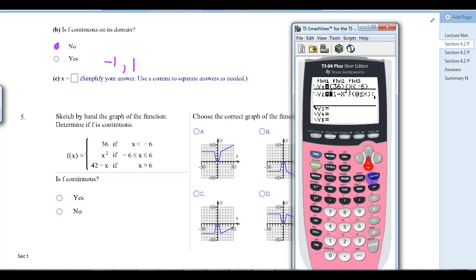We'll come down to y2, and we've got in parentheses x squared, close.